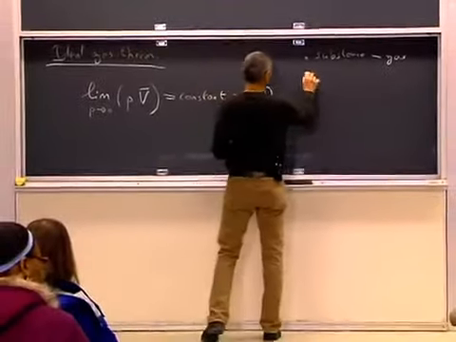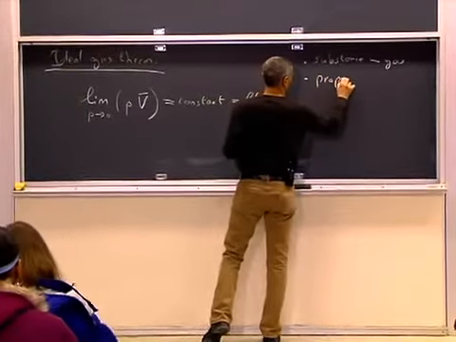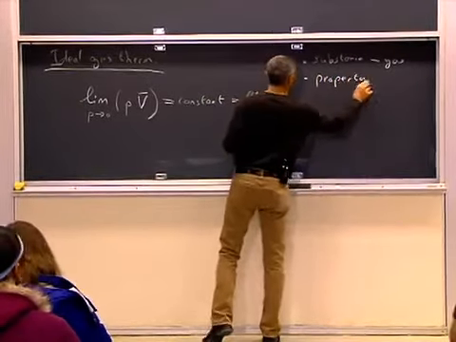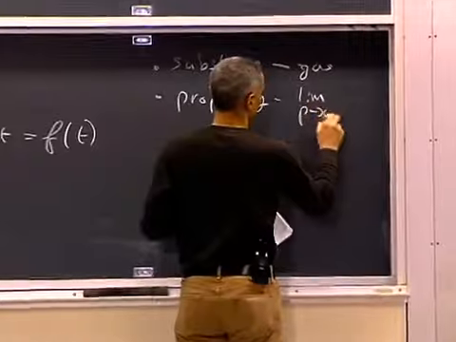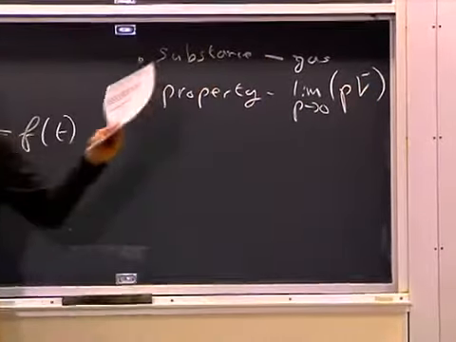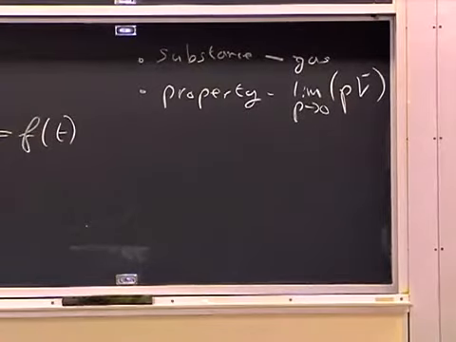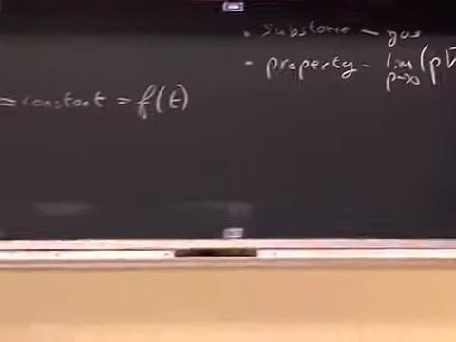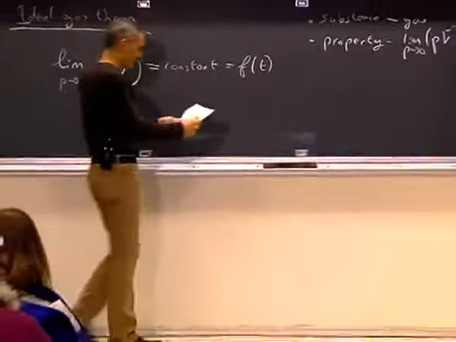In this case, our property is the value of the pressure times the molar volume. The property is the limit as p goes to 0 of pressure times molar volume. It's a number. You're going to measure it. That's the property that's going to give us the change in temperature.